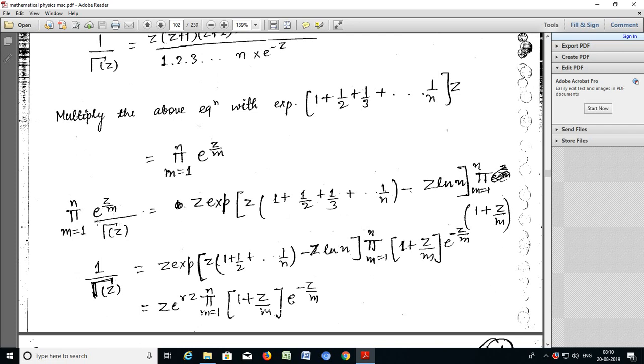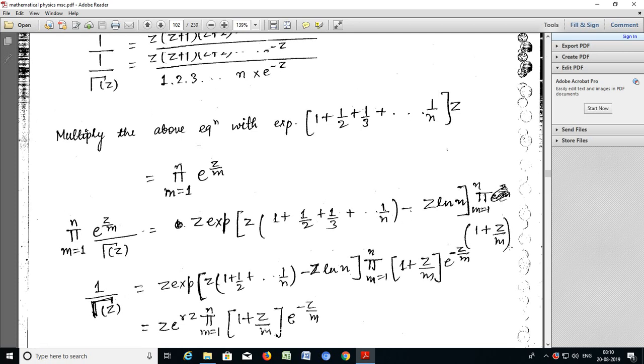This is exponential. So the product m equal to 1 to n of e to the power z over m, divided by this term, that is gamma z. This is equal to z into exponential of the whole term minus z log of n, product m equal to 1 to n of 1 plus z over m.